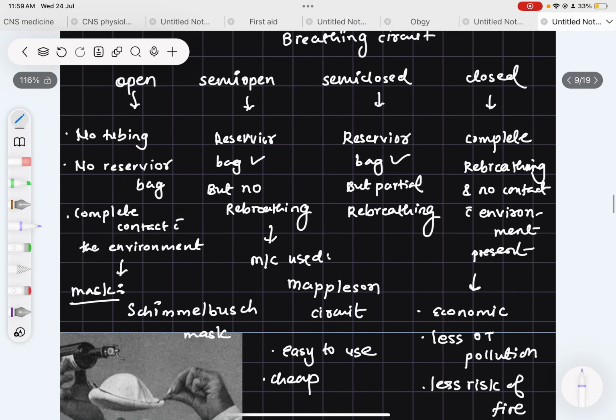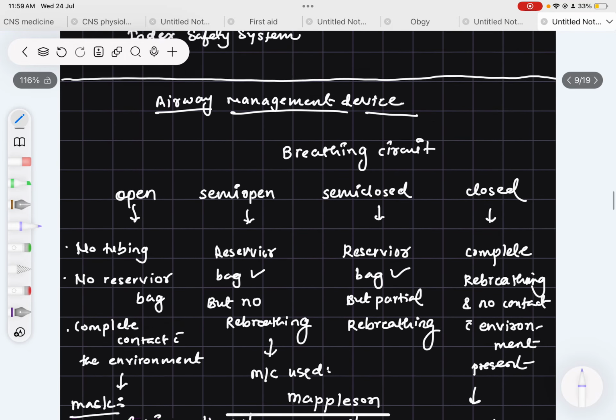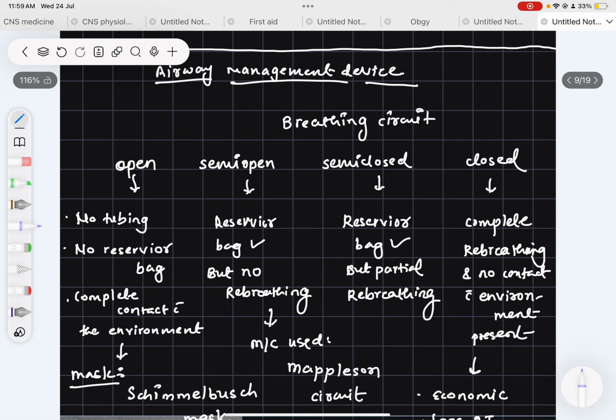Now, the anesthesia delivering system is classified into three parts.